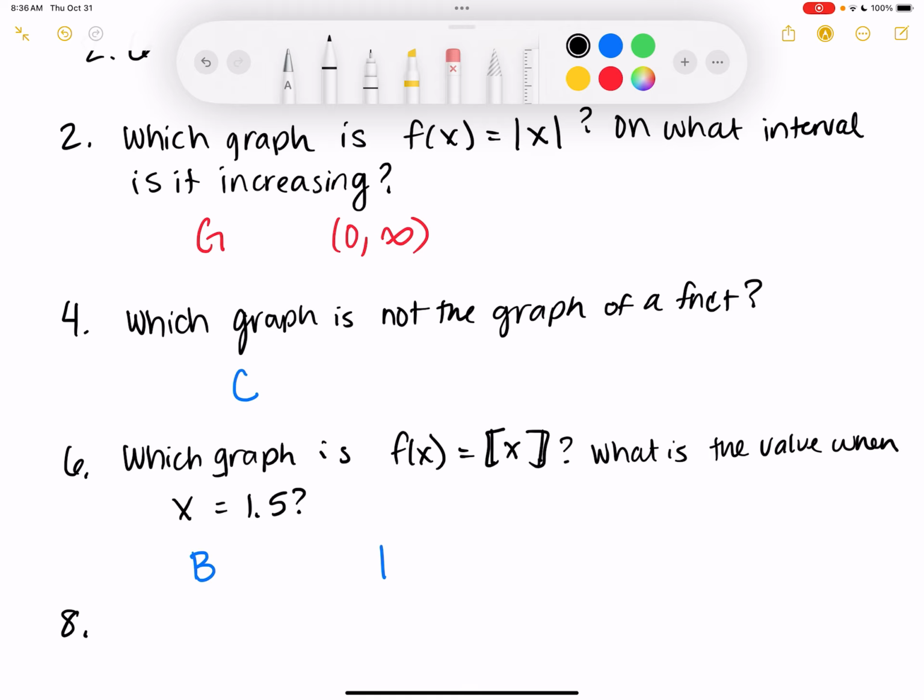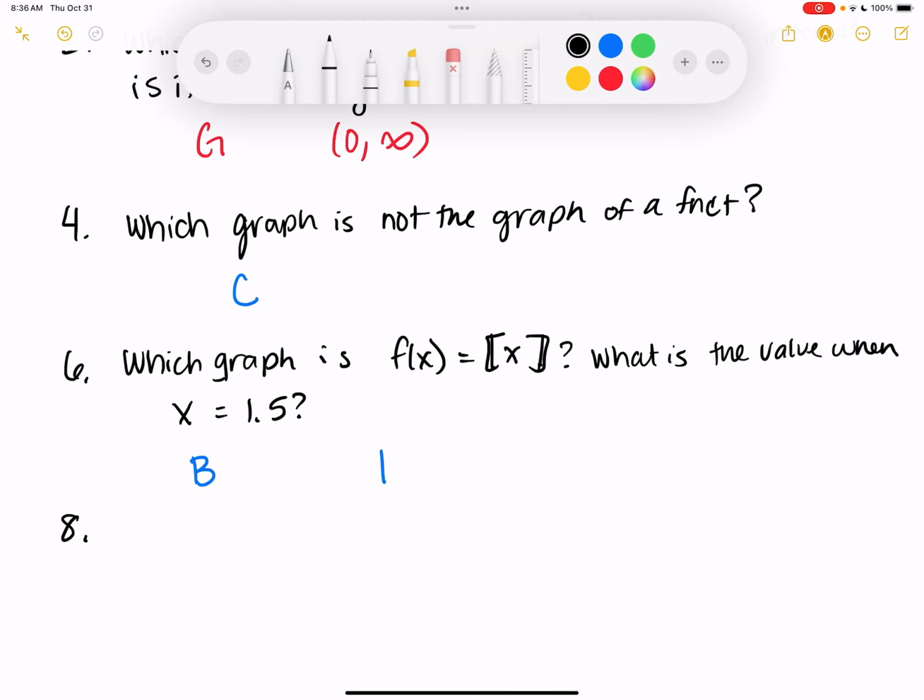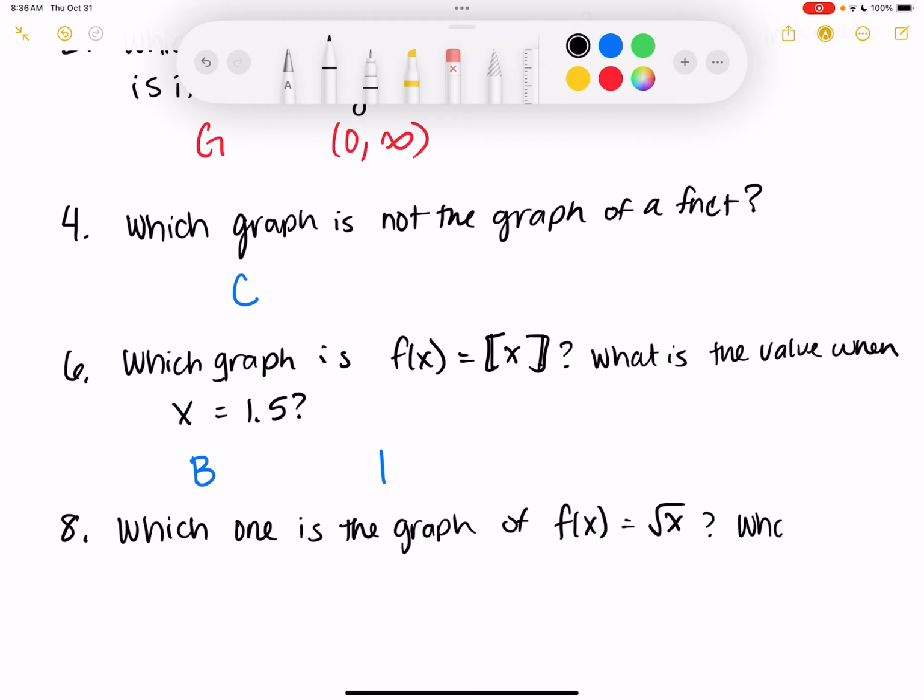And number 8, which one is the graph of f of x equals the square root of x, and what's the domain?